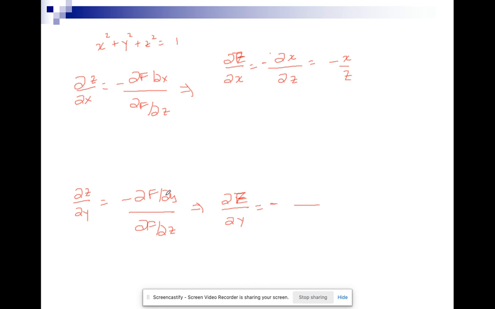Negate partial f partial y. And hopefully that makes sense with what our sphere looks like, right? Our unit sphere. Cool, huh?